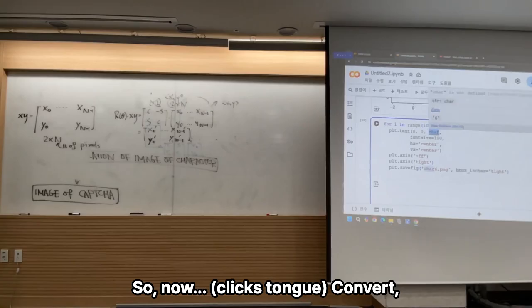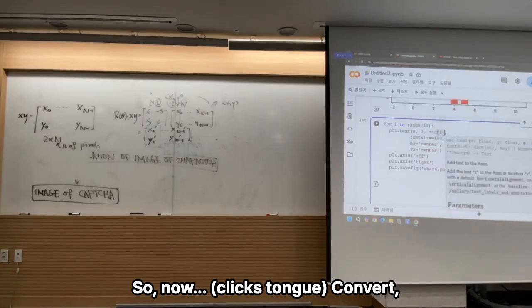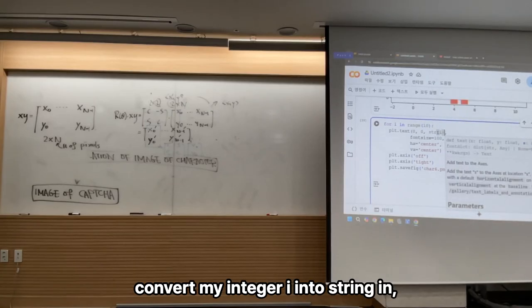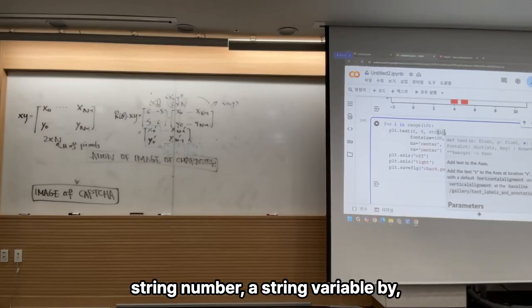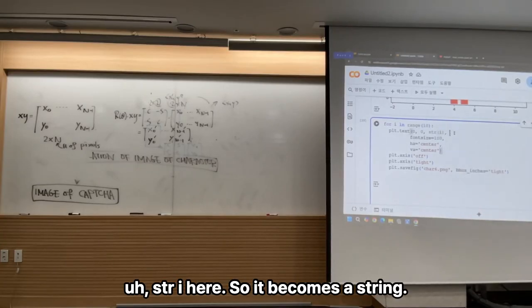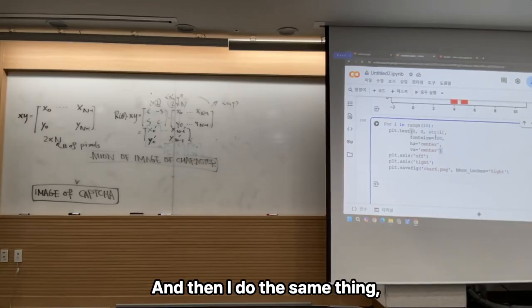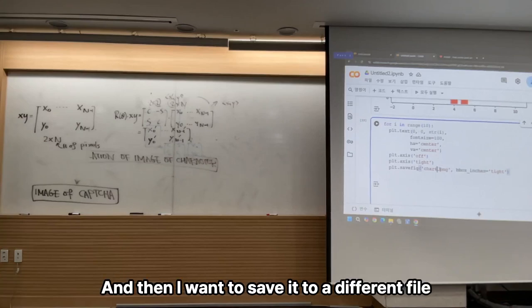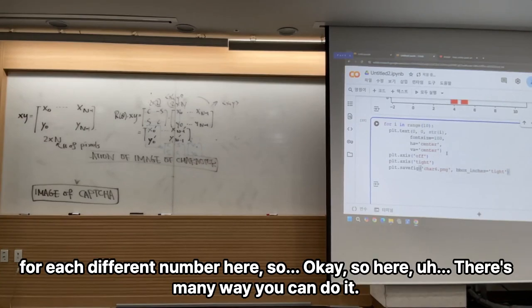Now I convert my integer i into a string variable by str(i). Then I do the same thing: font size 100, axis off, height. And then I want to save it to a different file for each different number.